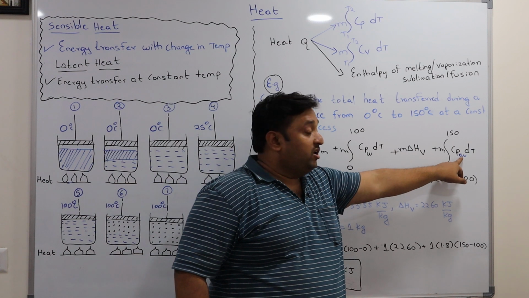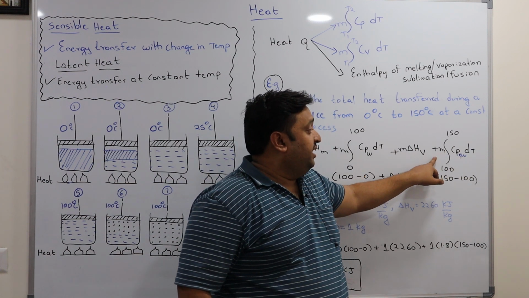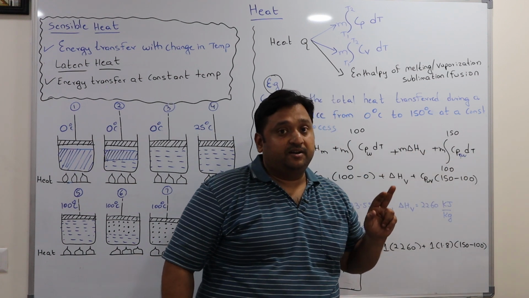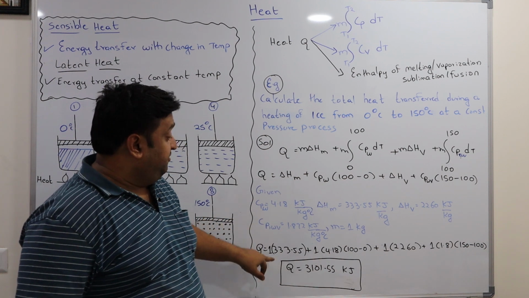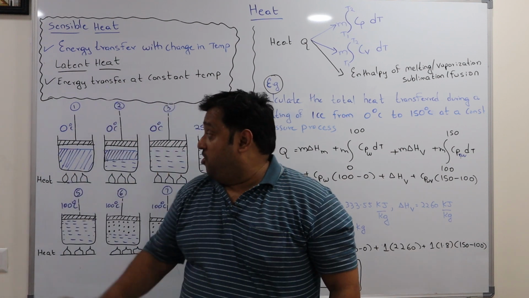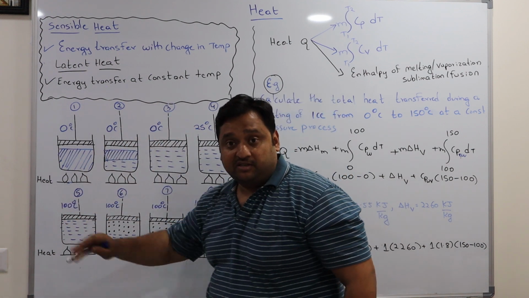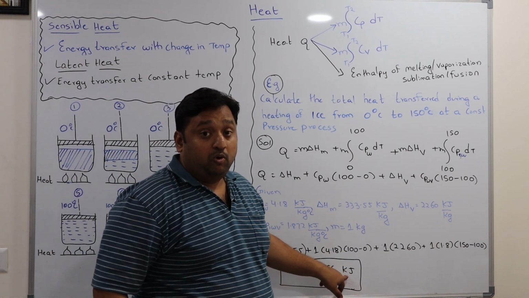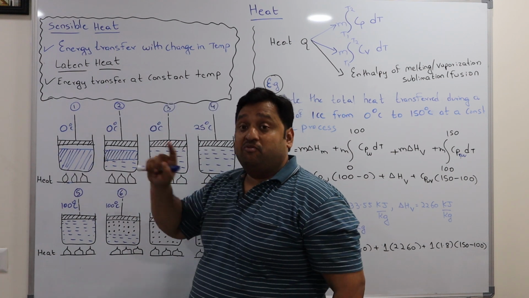Here also, Cp of water vapor, if it is constant, you can take out of the integral. For 100 to 150, what is dT? It is 150 minus 100. So once you put in all the values and calculate, the amount of heat supplied during this entire process is 3101.55 kilojoule per kg, because we have taken a basis of 1 kg.